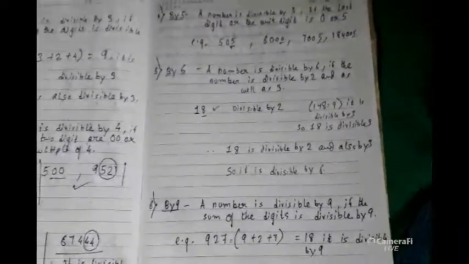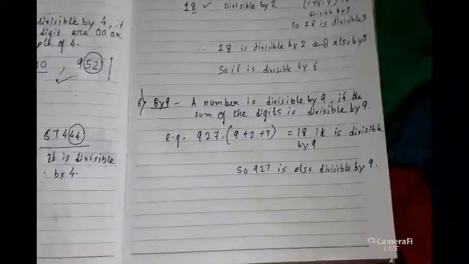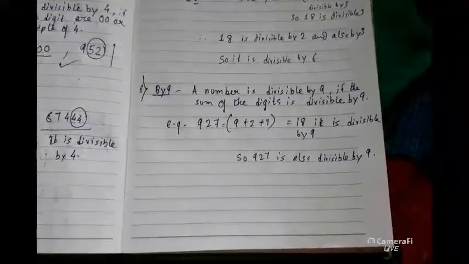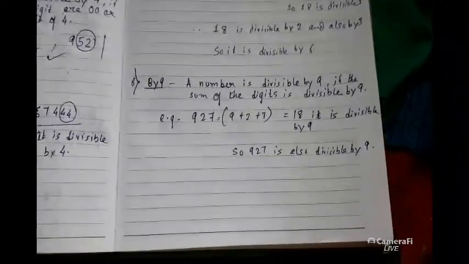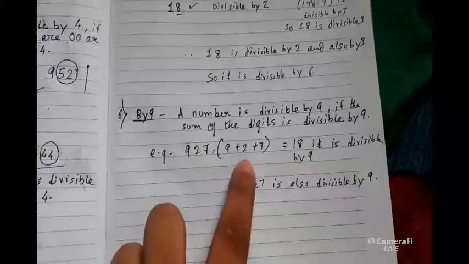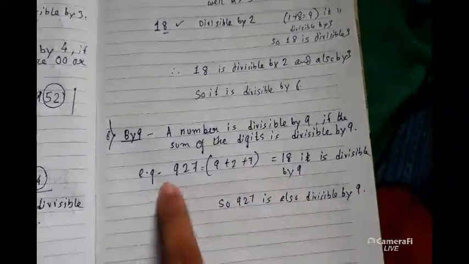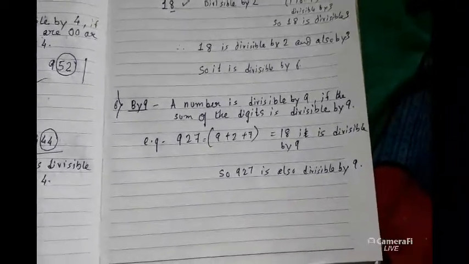So 18 is divisible by both 2 and 3, so it will be divisible by 6 also. By 9. A number is divisible by 9 if the sum of the digits is divisible by 9, like 927. Let's add: 9 plus 2 is 11, plus 7 is 18. Now 18 is divisible by 9, so 927 is also divisible by 9.